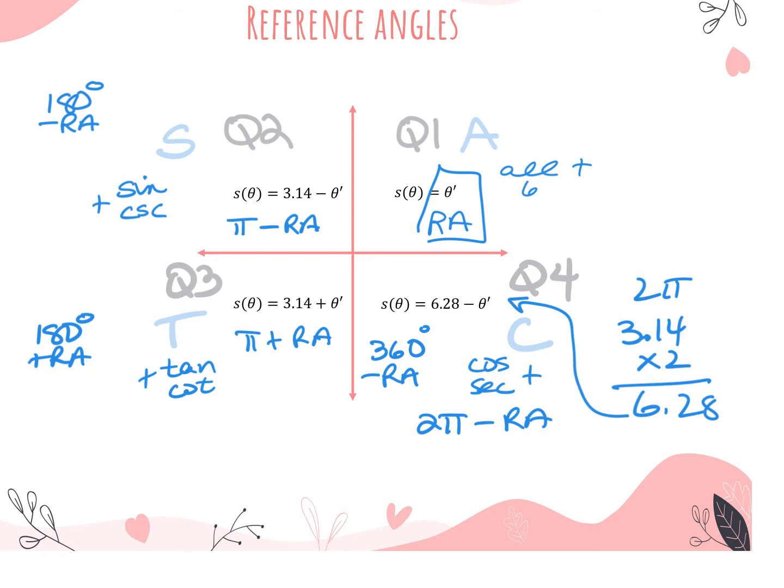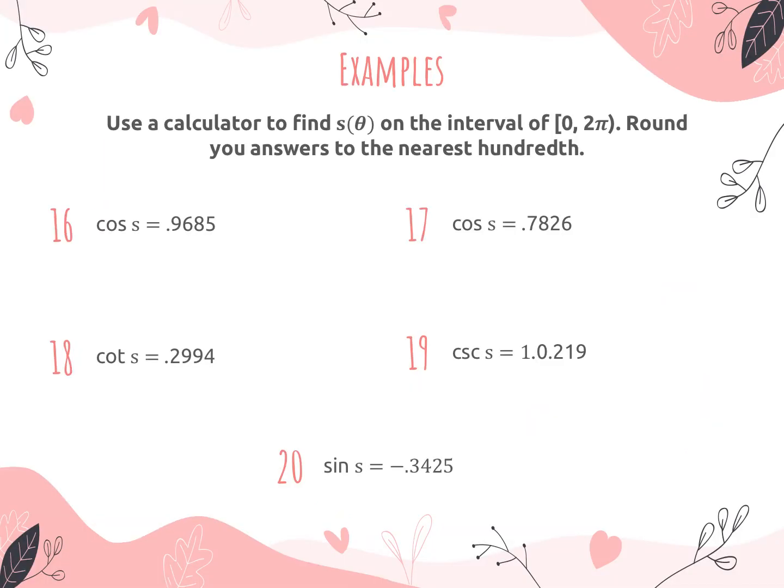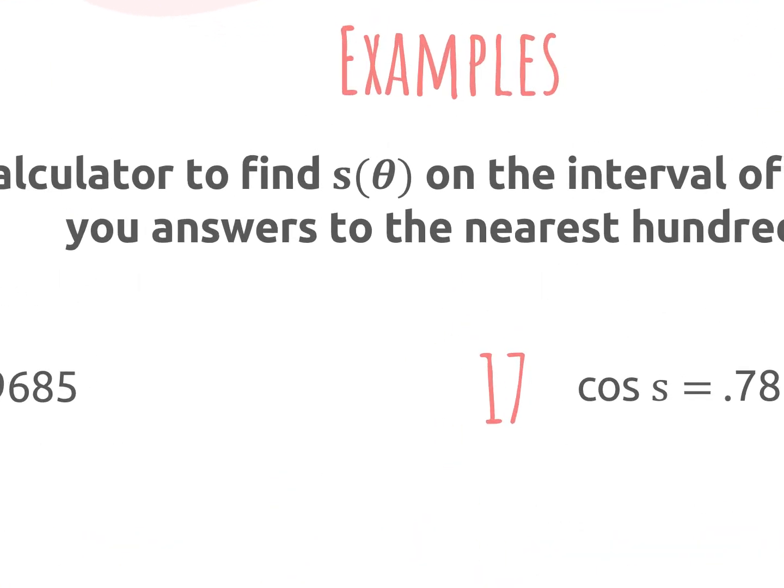So when we're using our calculator, if it doesn't say to use the pi button, you can use 3.14. And that's what we're going to do on the next slide. So here it wants us to find, now, sometimes they use the symbol theta. In all of these examples, they're using the letter s, the variable s, to represent the angle measure.